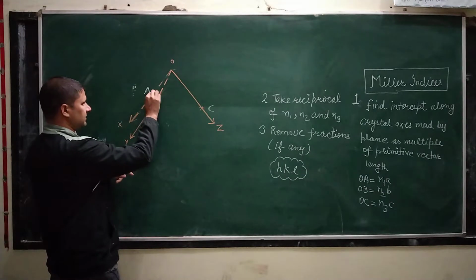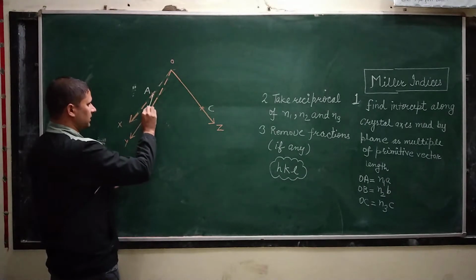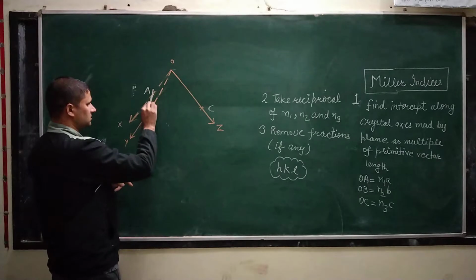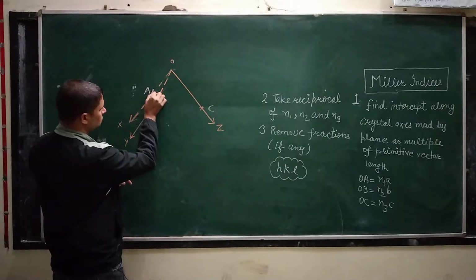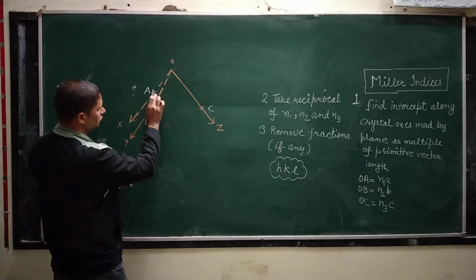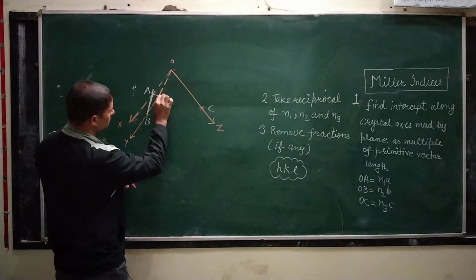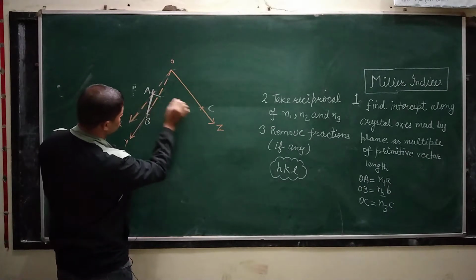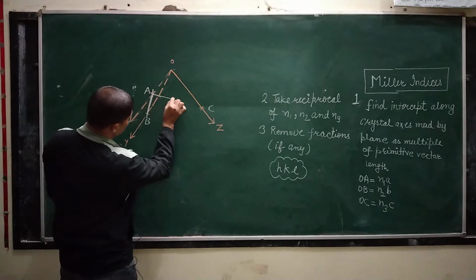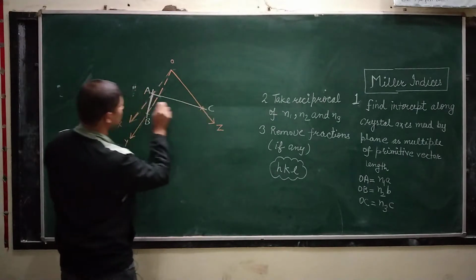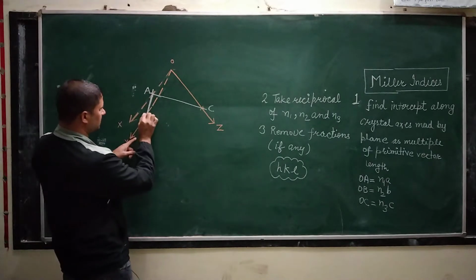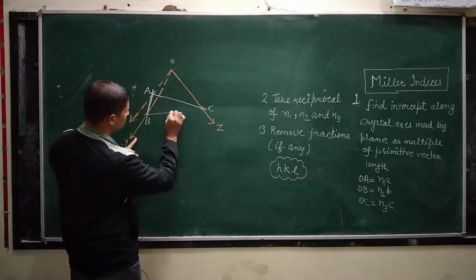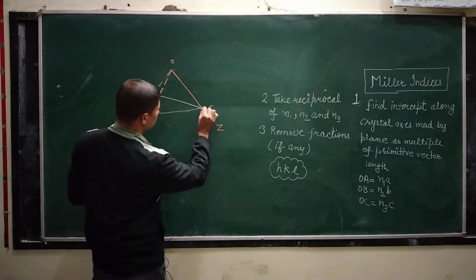Let me draw the plane. So the plane intersecting is this one. I am extending the lines so that you can have the idea of intersection. So this is the point of intersection on the crystal axis, and this is another point, and the point on the z-axis is this.